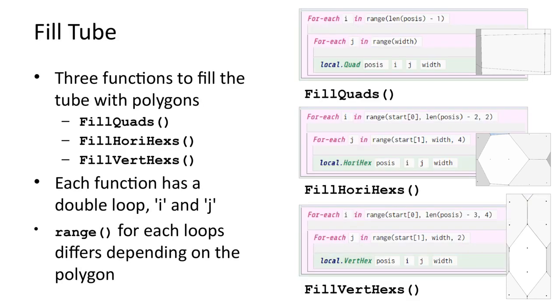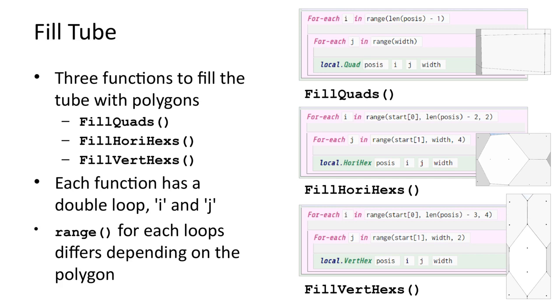We have 3 different functions for filling the tube with polygons. Each function has 2 nested loops. The outer loop iterates over the list of rings. This loop creates the variable i. The inner loop iterates over the positions in each ring. This loop creates the variable j. The loops are used to define the bottom left corner of each polygon.